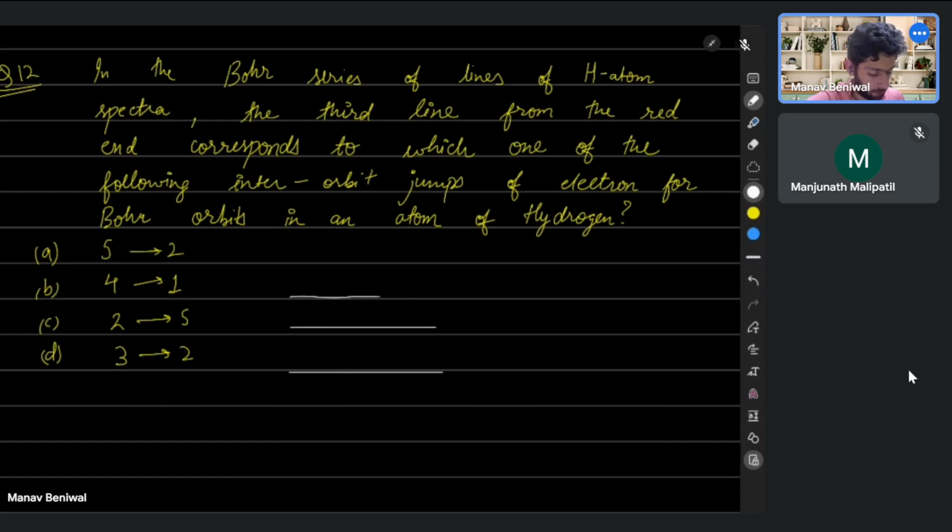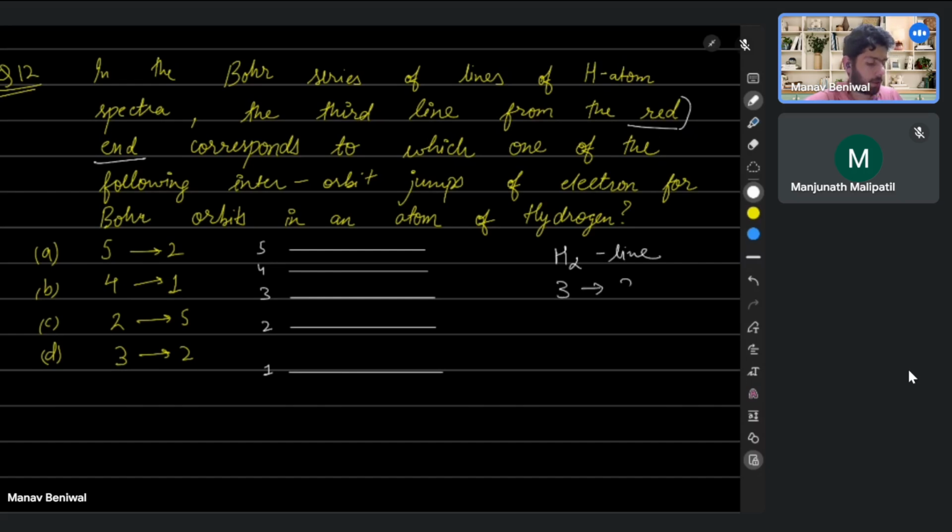Okay, so we have different levels, and we have n equals 1, 2, 3, 4, 5, and so on. So what is this red end? So red end, this is the H alpha line, and this corresponds to the transition from 3 to 2.